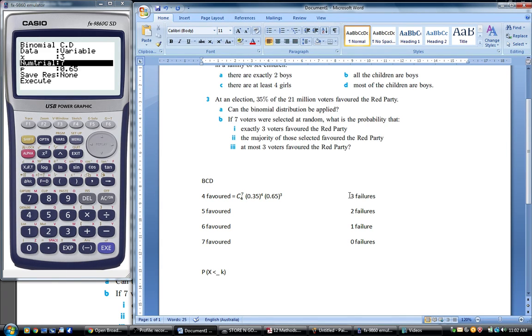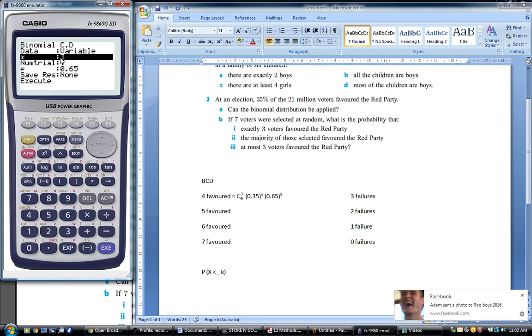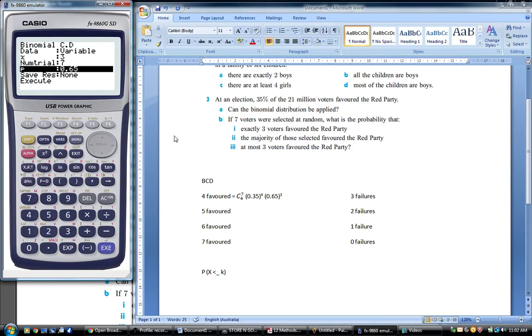So the case when there's 3 or less failures, our number of failures is 3, our number of trials is 7, and our probability is 0.65. We can calculate that one, and the probability is about 0.2.